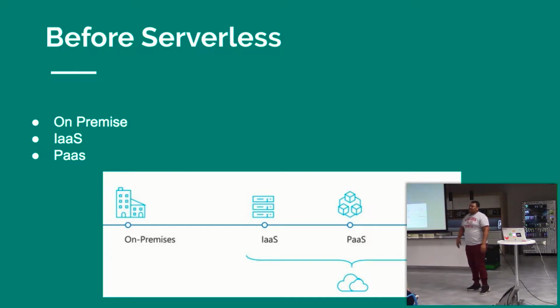So then we went to platform as a service. Platform as a service is where you write a whole bunch of code and you just deploy it to this platform, and this platform would serve your web app or your API or something like that for you.